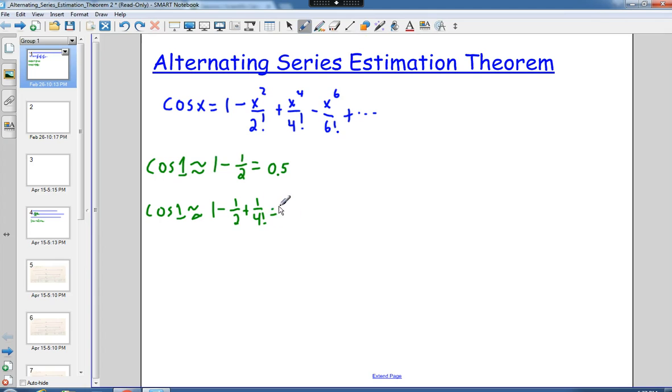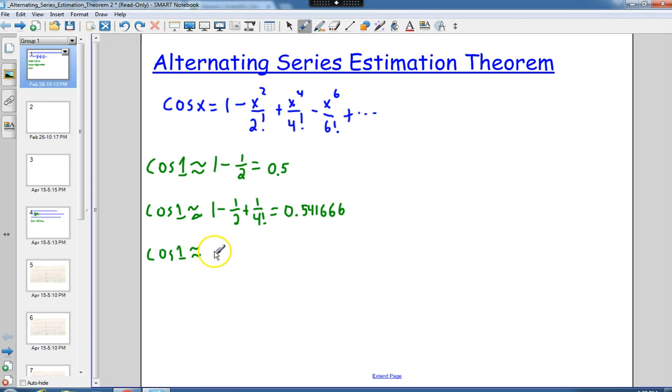If we add up these three terms, we get a value of 0.541 with a repeating decimal 6. Now, I should say these calculations I'm doing somewhat fast, but if you want to check them out on your calculator, by all means, please do so.